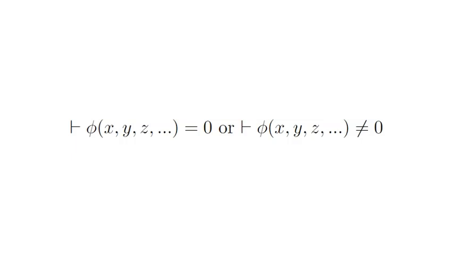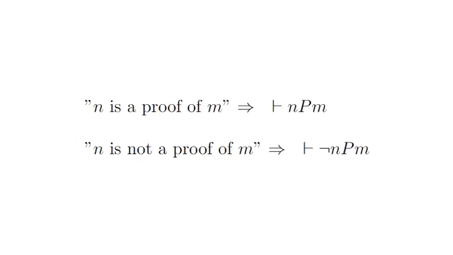With this, we have everything we need to formalize the undecidable. Okay, so before we had a recursive function that checks if a natural number n is the proof of some natural number m. Forgive me for abusing language. So we're going to define a recursive relation using the recursive function. We're going to call it nPm: n is a proof of m.